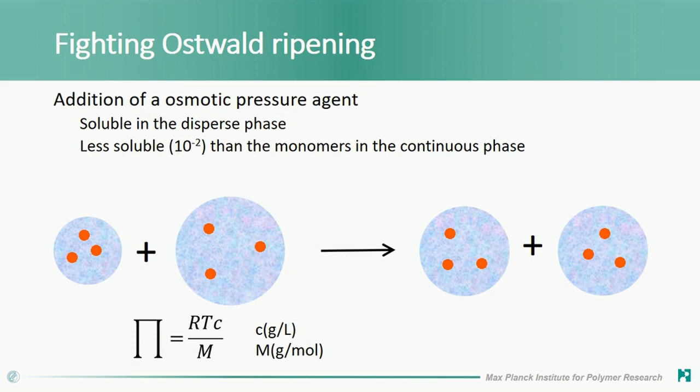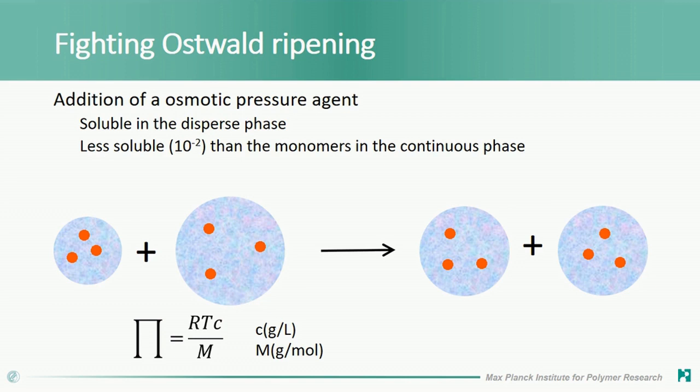What is interesting here is to see that the osmotic pressure is a colligative property. It means that it depends not on the amount in grams of hydrophobe that you dissolve in the dispersed phase, but it depends on the number of molecules that you have.